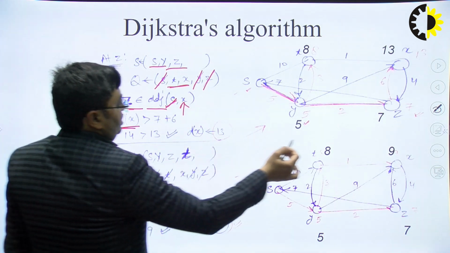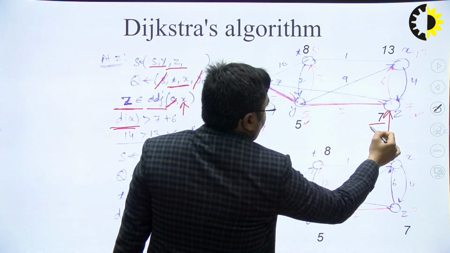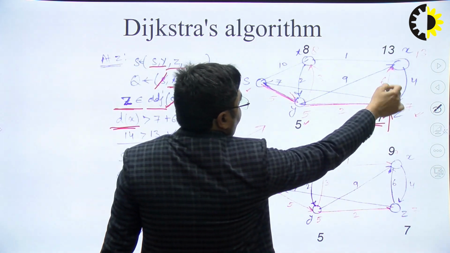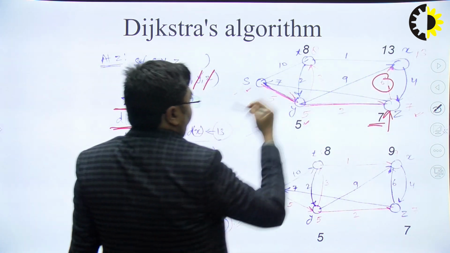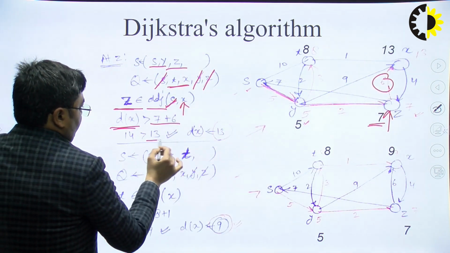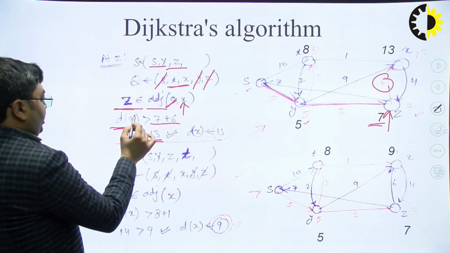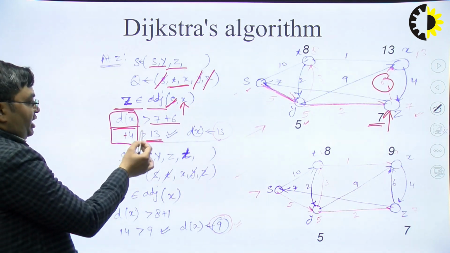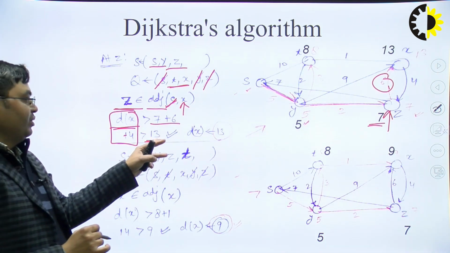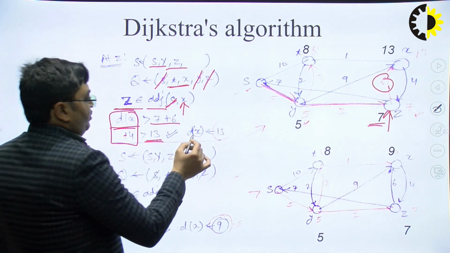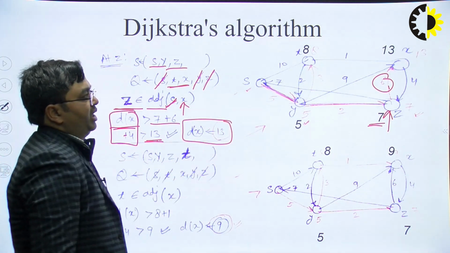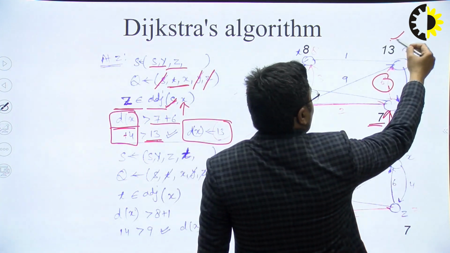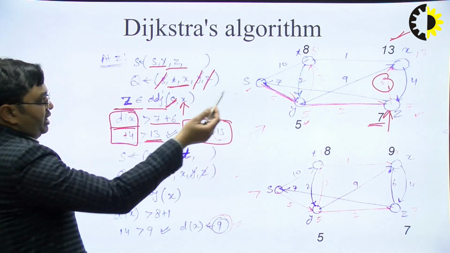For computing dx, from dz where we have the value 7, we add the edge from z to x, which is 6, giving 13. Earlier the value we were having was 14, and 14 is greater than 13. The condition is true, so we have to assign the minimum value. Earlier it was 14, now it is 13. So we assign the value 13.